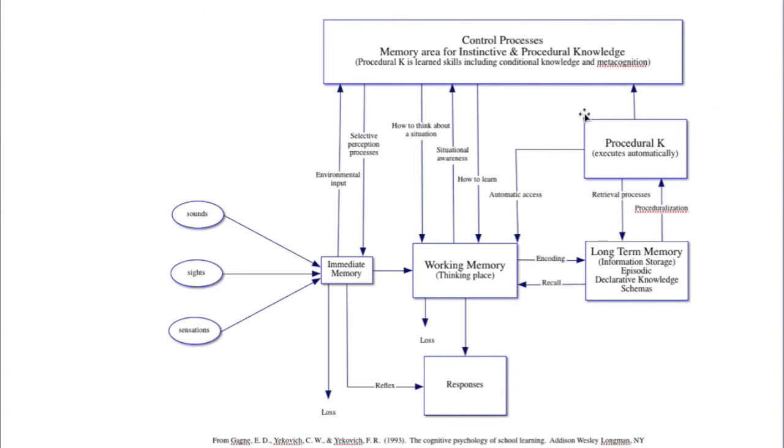Another point is that procedural knowledge also helps to build these control processes. When we're talking about using control processes that affect learning, and conditional knowledge or metacognition, that doesn't just happen. That's knowledge that has to be proceduralized, because if you have metacognition for something, you don't necessarily actively think about your approach to that information.